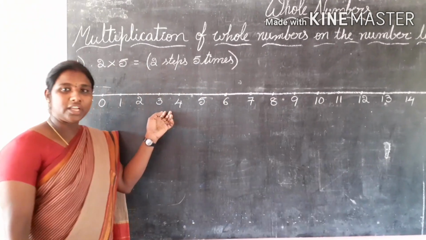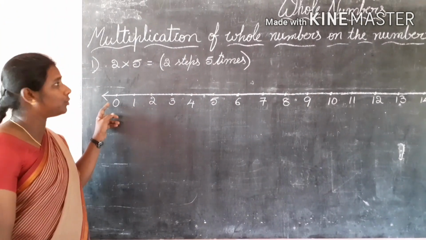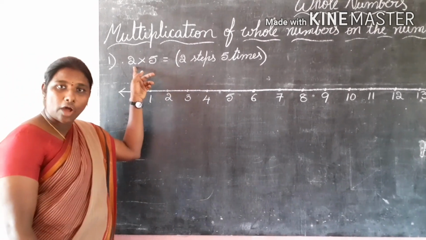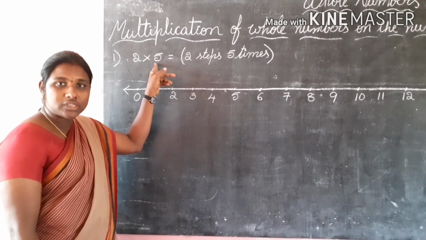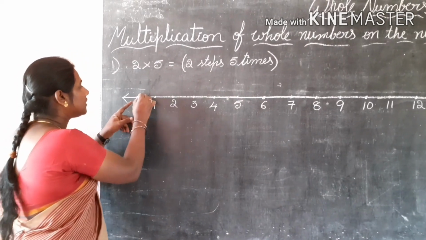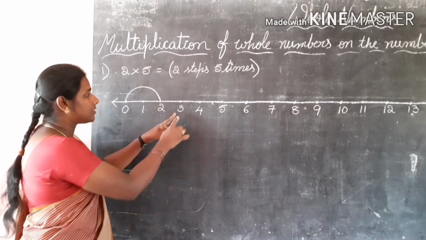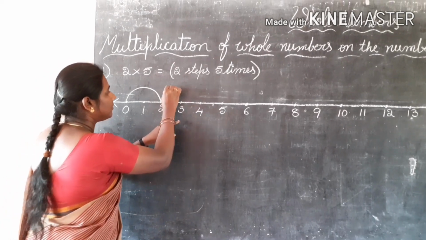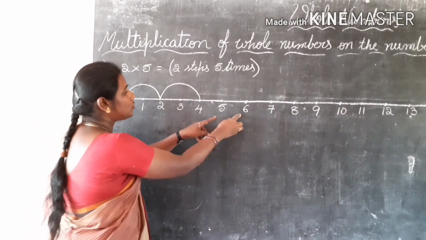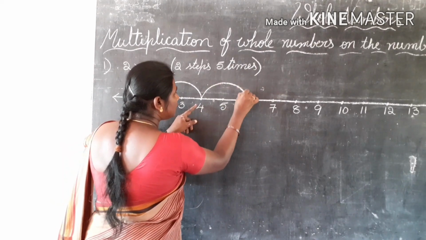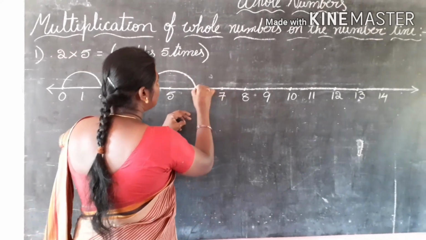Here on multiplication we have to start from 0. Here 2 numbers we have to move. How many times do we have to jump? 5 times. First 0 to 2. Again from here 2 numbers, 1, 2. Again 1, 2.